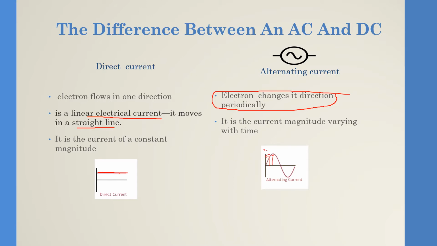So this is the current versus time graph. Here the magnitude of the current is constant throughout the entire time. But here, throughout the entire time, the magnitude of the current varies with time.